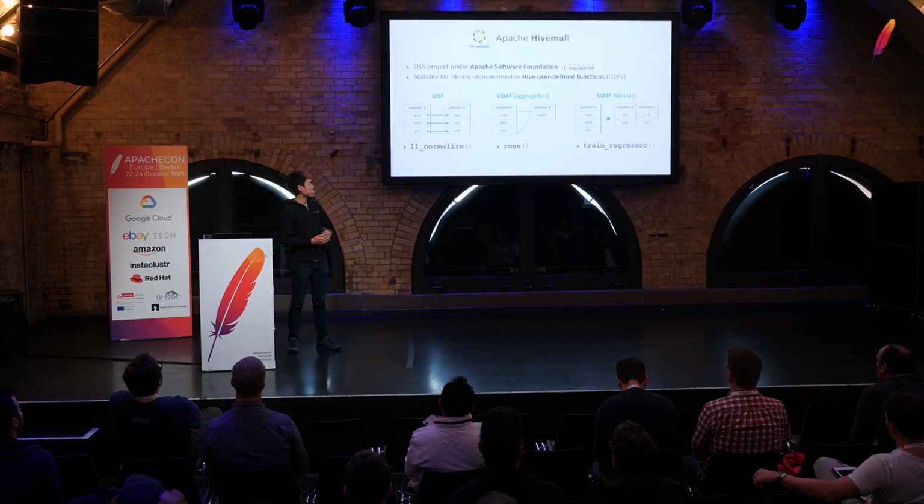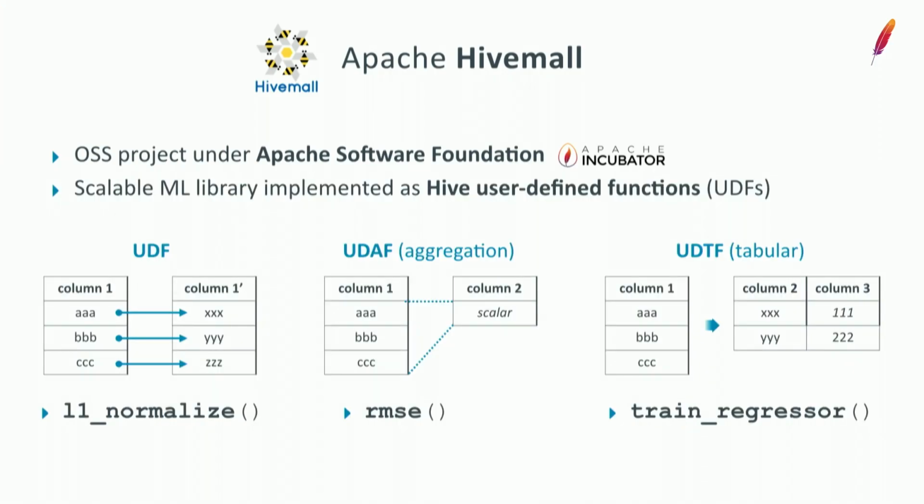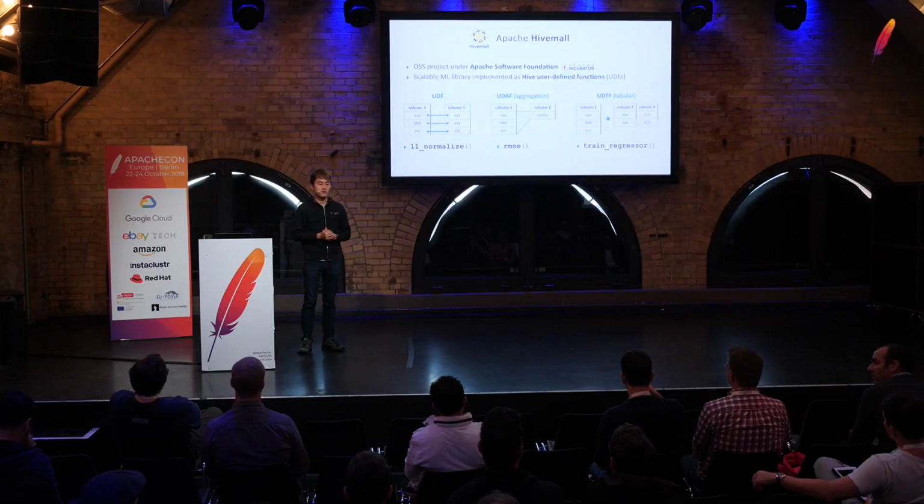Another type is called UDAF, user-defined aggregation function, which aggregates multiple rows into a single row. For example, in machine learning, evaluation could be part of that. You aggregate all combinations of the expected output and the prediction result, and eventually you can get the accuracy of prediction.